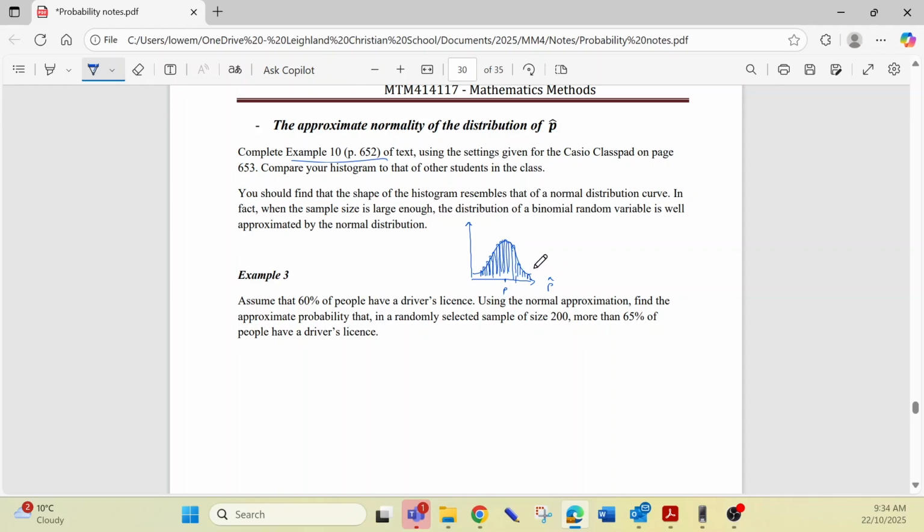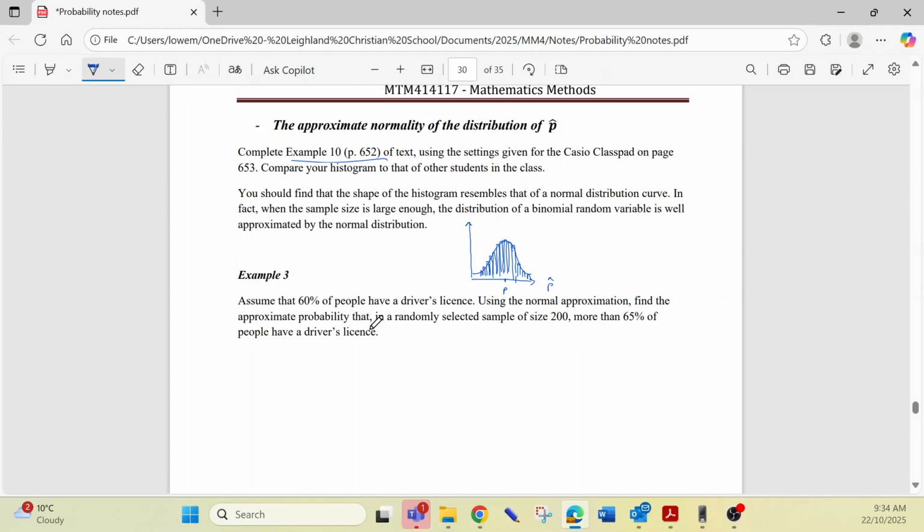They're going to average out to be this population parameter, and it's going to be shaped as a bell curve. So we can use the normal distribution to help us determine probabilities when you have a large enough sample size. We're going to use that here.